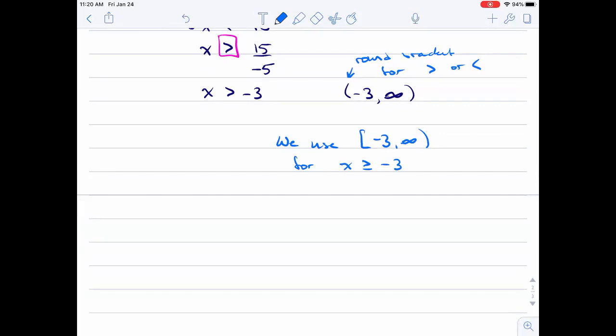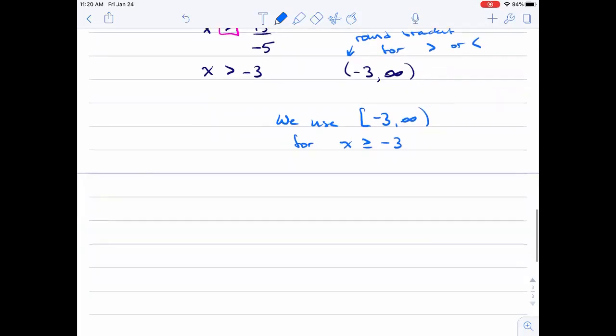What about for set notation? Would that be for all values of x such that x is greater than negative 3? Yeah. So for set notation, you might have something like this, x such that x is greater than negative 3.